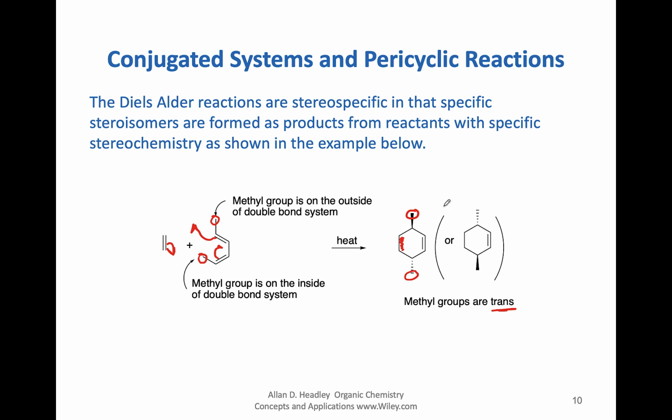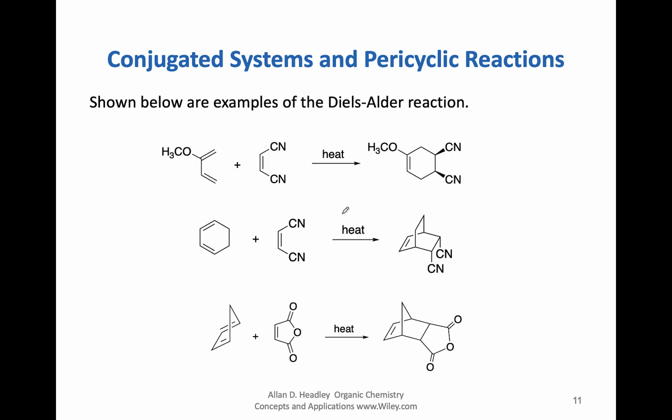So again, these are all stereospecific reactions in which the products have specific stereochemistry based on the stereochemistry of the reactants. Look out for that, because you'll see questions such as give the major organic product and be sure to indicate stereochemistry where appropriate. Let's look at an example here.